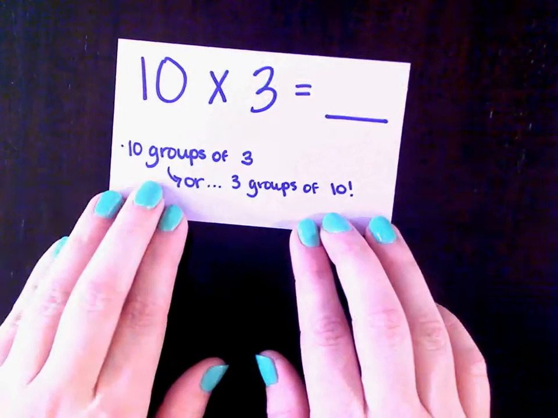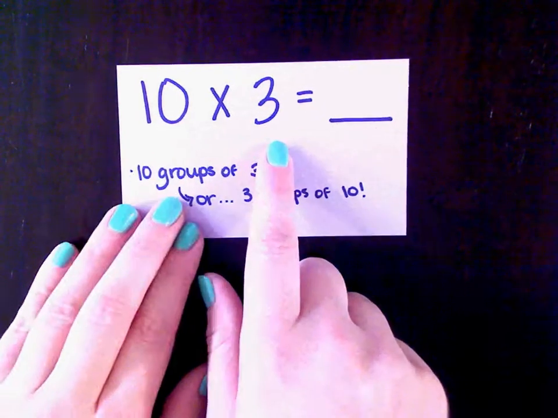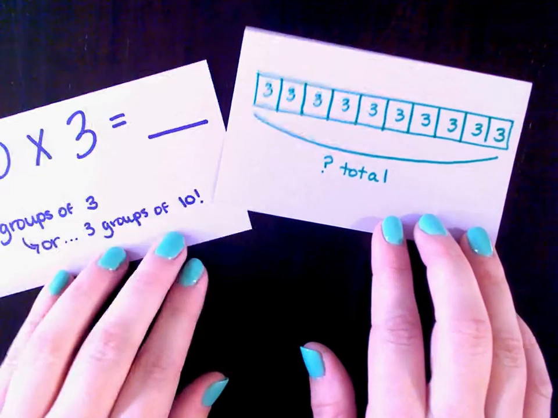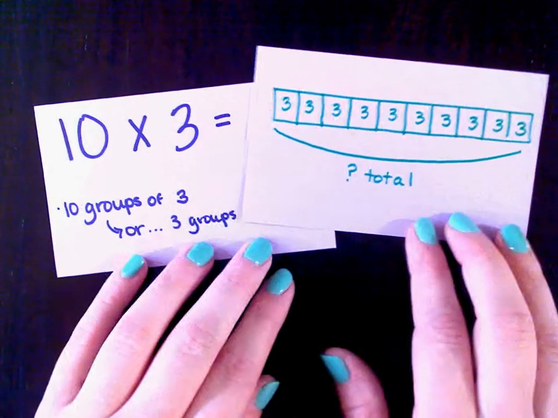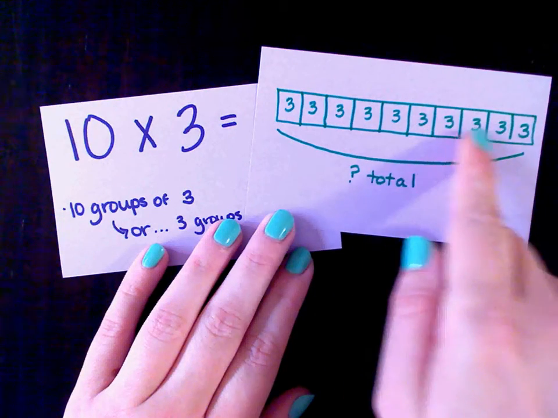For example, if you are trying to solve 10 times 3, which means 10 groups of 3 or 10 threes, you could skip count by 3's 10 times to find out the total. 3, 6, 9, 12, 15, 18, 21, 24, 27, 30.